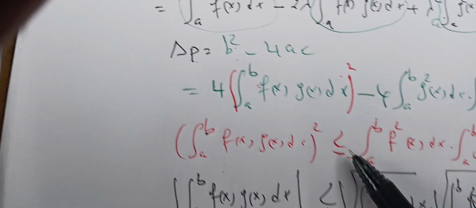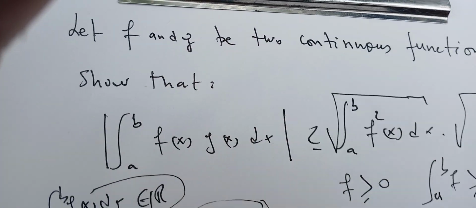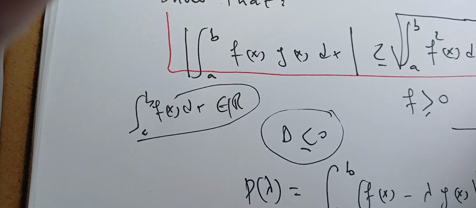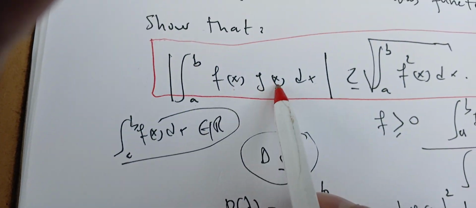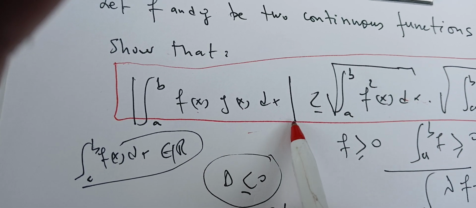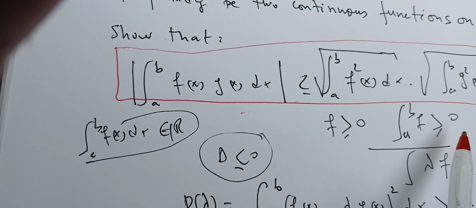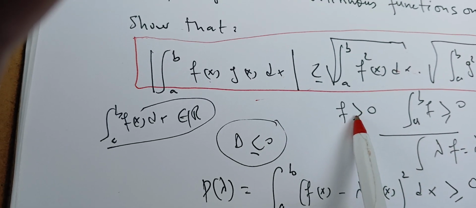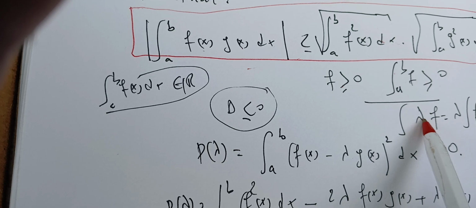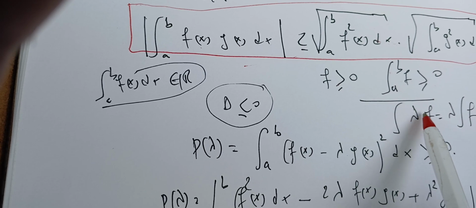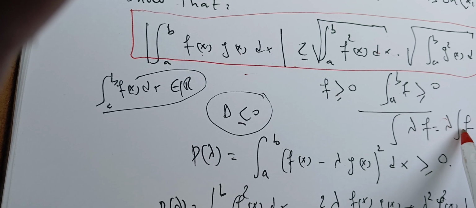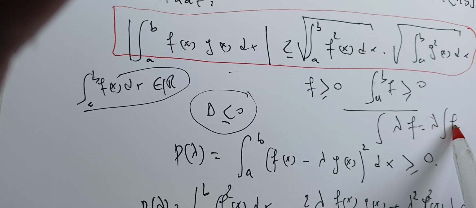Next we're going to do an application of this one. The key idea is that this result is between f and g, and it's giving us an upper bound of the product. We assumed many things here, and we used many results. If f is positive, the integral of f is going to be positive. If we integrate a lambda times a function, we take the lambda outside, and it's going to be times the integral.